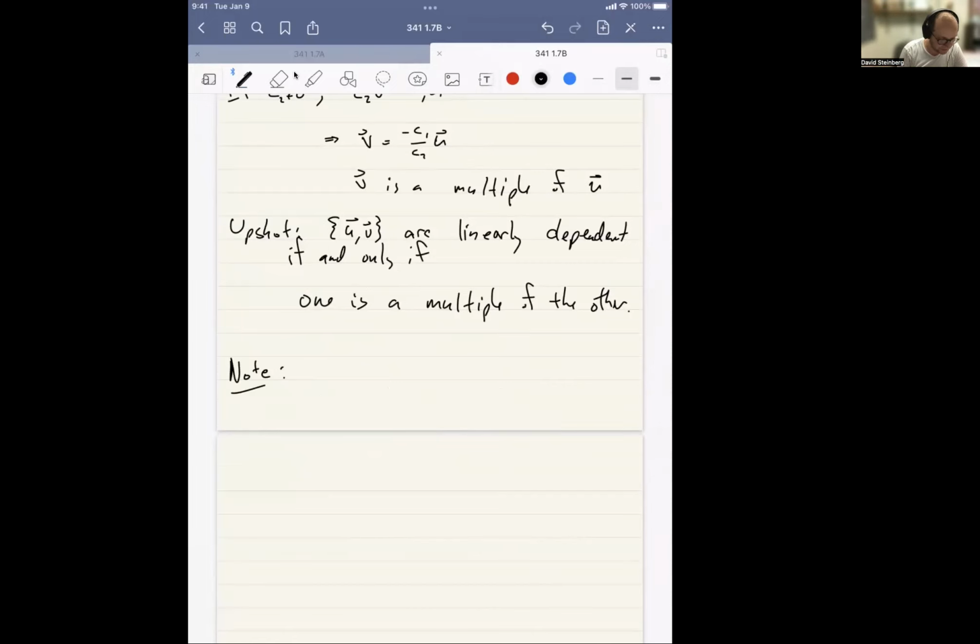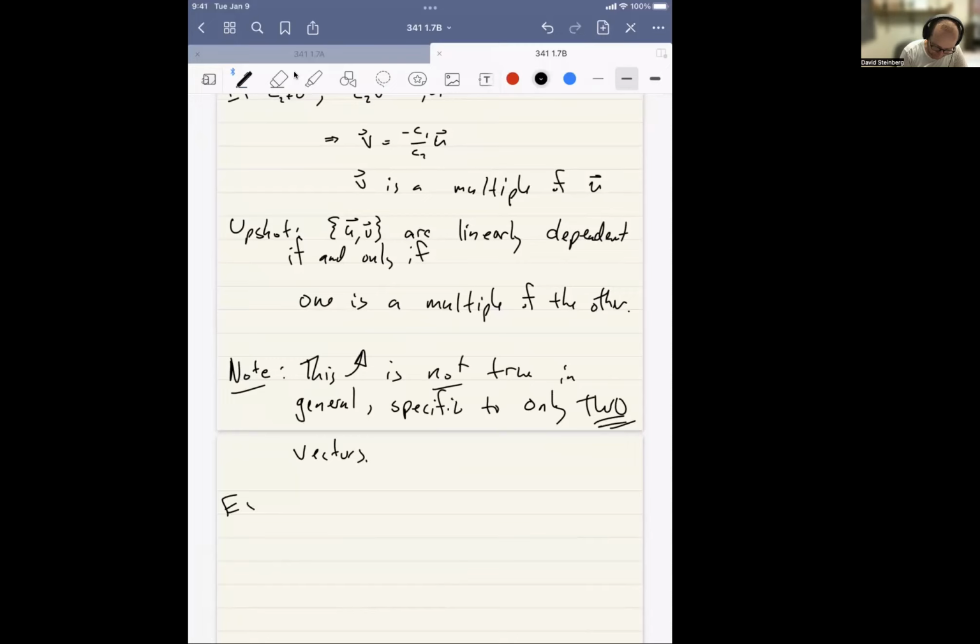So that's the little note: this is not true in general. It's specific to only two vectors. And the example we can take is, let's give an example of linearly dependent vectors where no one is a multiple of the other.